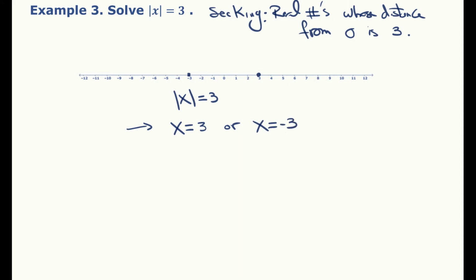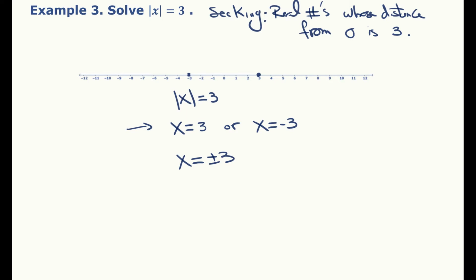Usually, you may see this compactified into this form: x equals plus or minus 3. Notice that normally when these two signs are indicating the sign of a number rather than an operation between two numbers, the more correct terminology is to say positive or negative 3.